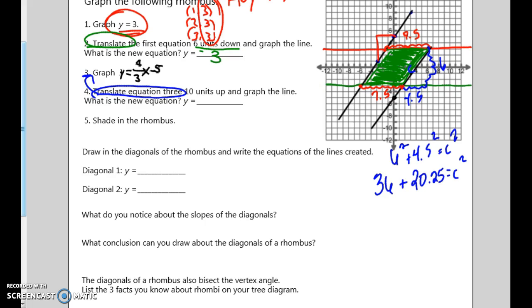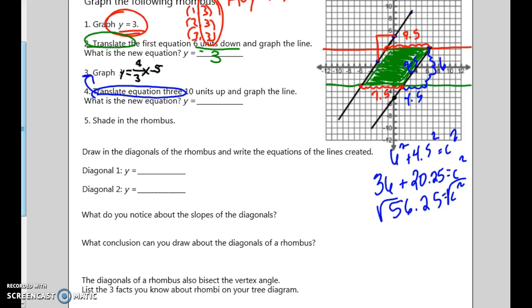So 36 plus 20.25 would be 56.25. And then I have to take the square root of that, right? Well, 7 times 7 is 49. 8 times 8 is 64. Is that kind of in the middle? You think that's going to be about 7.5? So somebody, what's the square root of 56.25? Aha, it is 7.5.